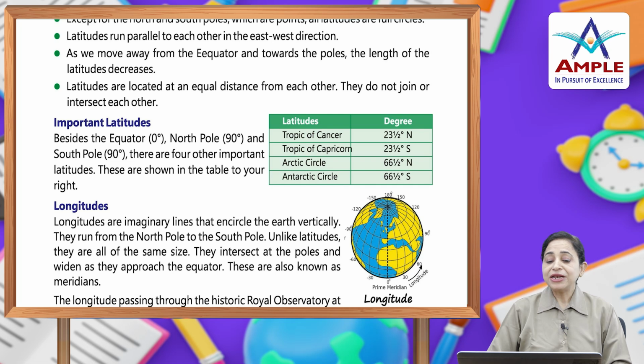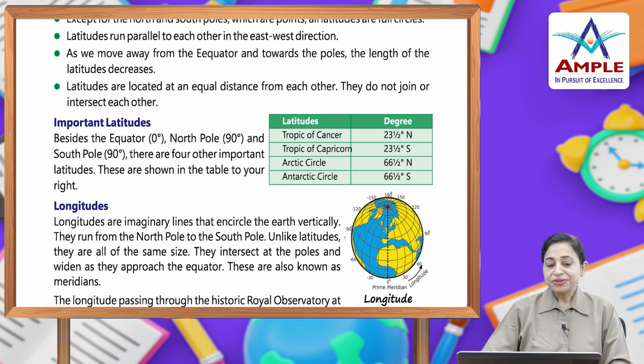Latitudes run parallel to each other in the east-west direction. As we move away from the equator and towards the poles, the length of the latitude decreases. Latitudes are located at an equal distance from each other. They do not join or intersect each other.